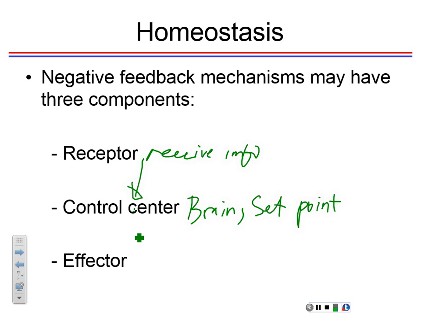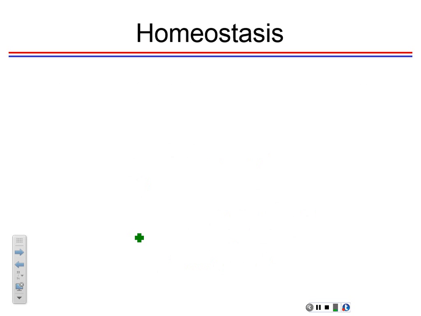If you're sweating, what's causing you to sweat? Yeah, sweat glands. So that would be the effector organ. Because that's the one that sweats and then you feel cool. All right? So you need those three things. Those are the three components you need for the negative feedback.